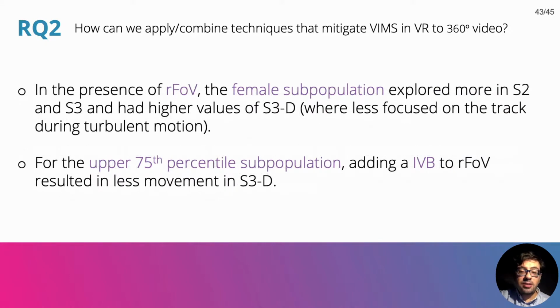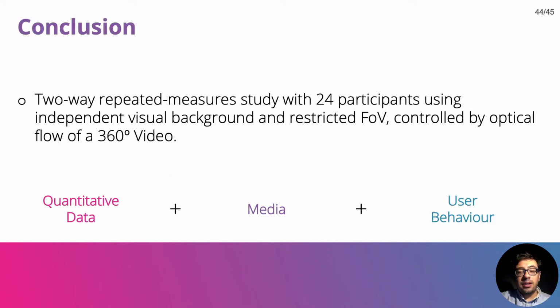One of our takeaways is to not only focus on the SSQ components, but to look at the objective measures like distance and distance to point of interest as measures to understand and contextualize behaviors, especially when applied to our subpopulations. In conclusion, with this paper, we presented a two-way repeated measure study with 24 participants using independent visual background and a restricted field of view, controlled by the optical flow of a 360 video.